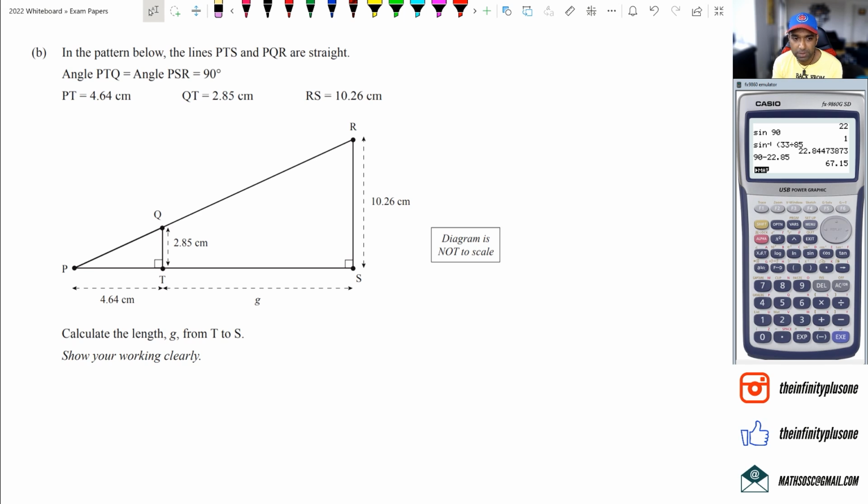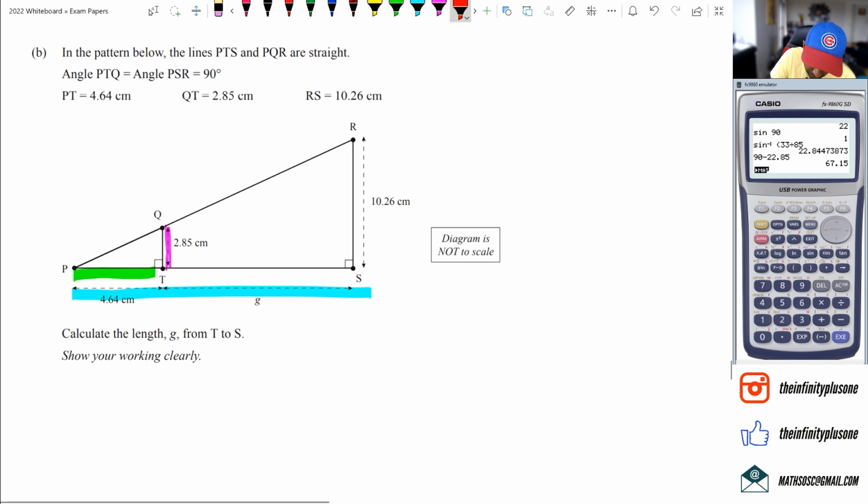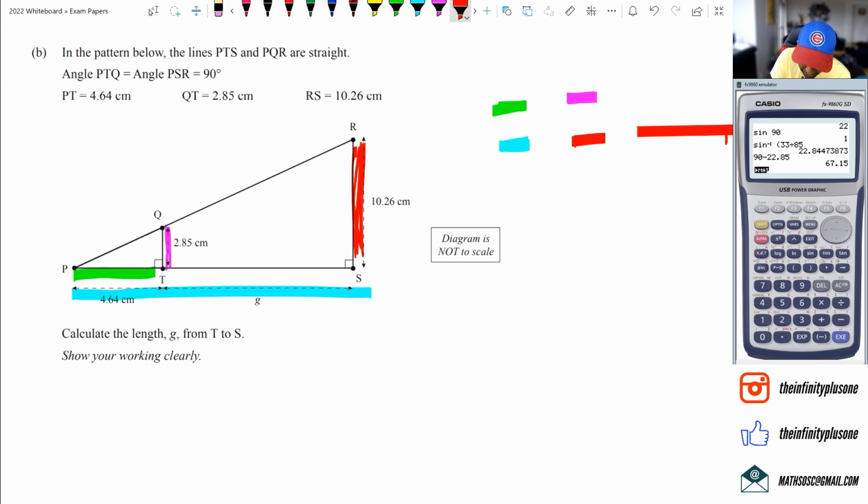And as long as you match up the sides, you are pretty much good to go. So what I'm going to do here is some color matching. So I've got green over blue should equal pink over red. All right, so basically green divided by blue should equal pink divided by red.